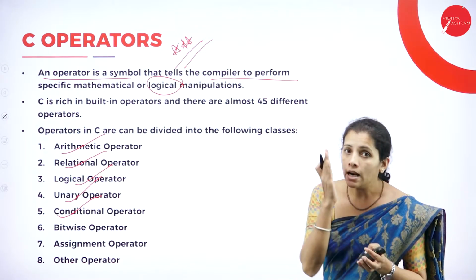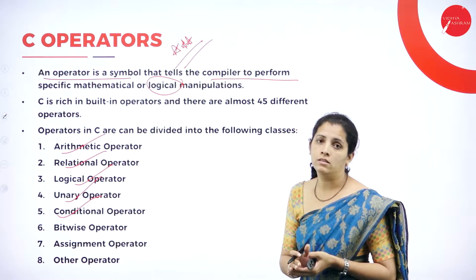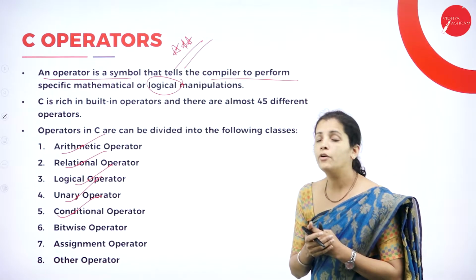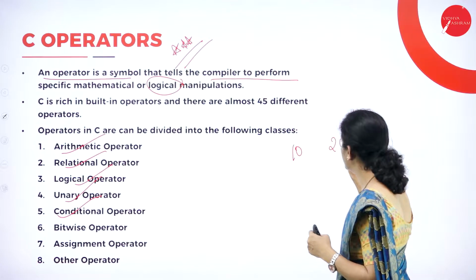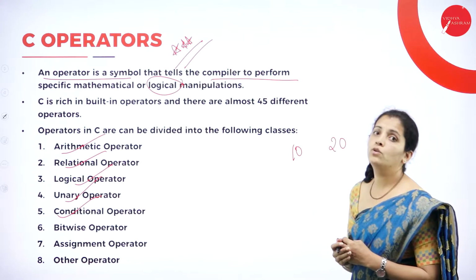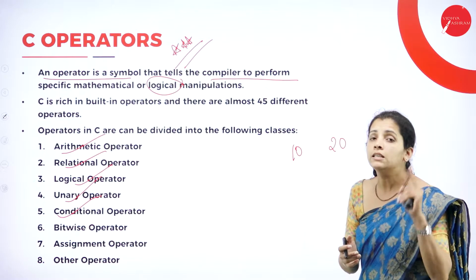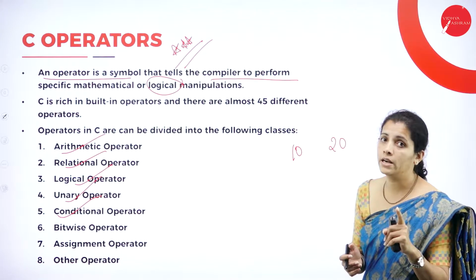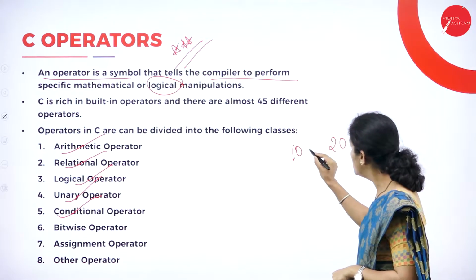Now, tell me student, where am I going to place the operator and what is the use of an operator. For example, I have 10 and 20. Think that I want to perform addition operation. What is this addition? That is nothing but plus symbol or plus operator. And where am I going to place the plus operator?